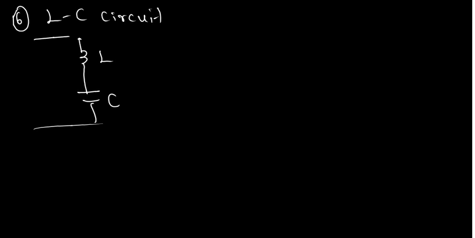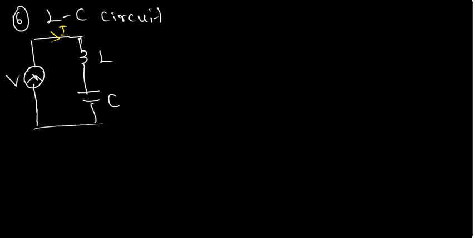The next one, the sixth one, was the LC circuit. There is an inductor and a capacitor, and there is an AC voltage V. Through this, I take I as the current flowing through the circuit.